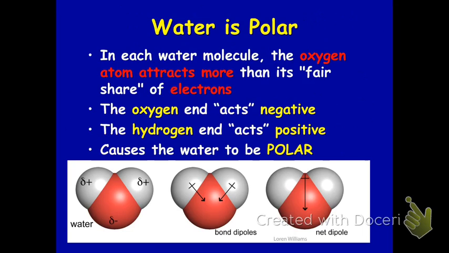Now this slide is a little wordy, but it really brings home a very simple point, that water is polar. We've discussed this before. If you have a water molecule, the oxygen is electronegative. The two hydrogens are electropositive. And so we end up getting a shift of the electron density towards the oxygen, okay?